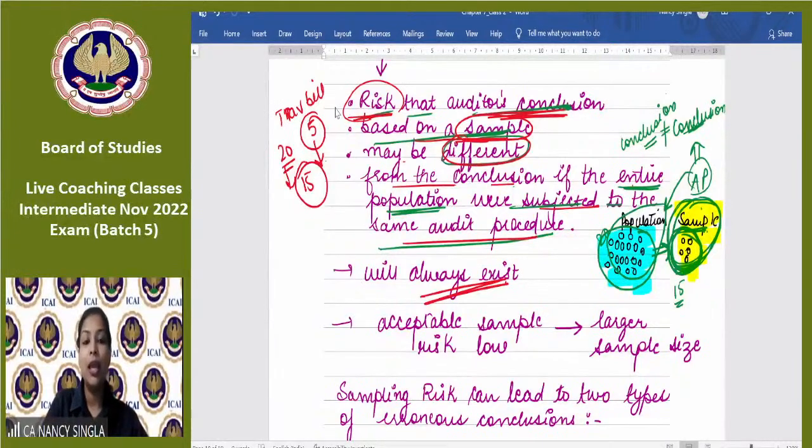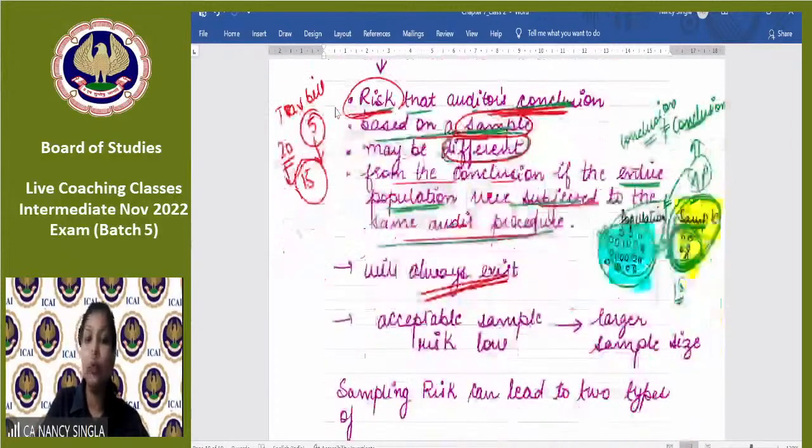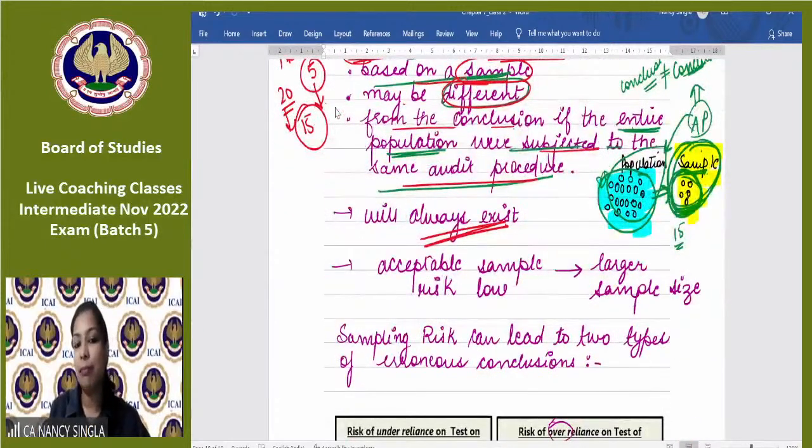ठीक है. Now tell me, what will auditor try? He will try to increase sampling risk or reduce sampling risk. Quickly, I need answers. Increase or decrease? He will always try to reduce the sampling risk to an acceptably low level.